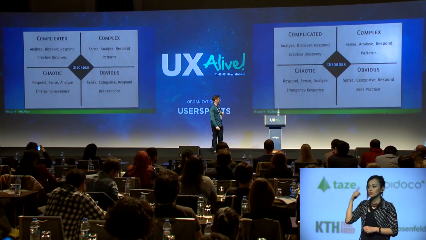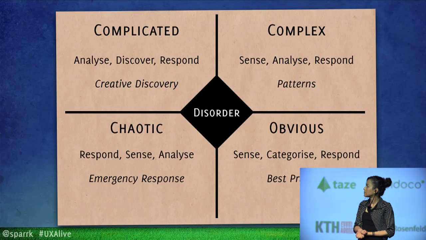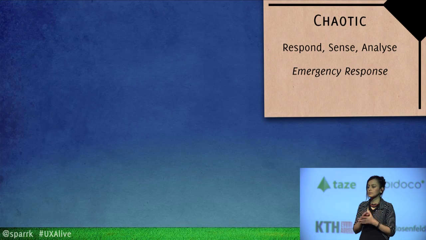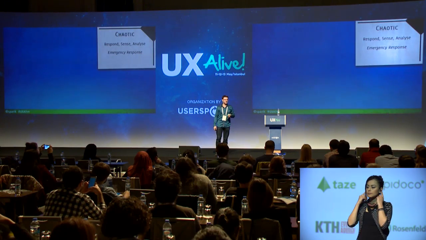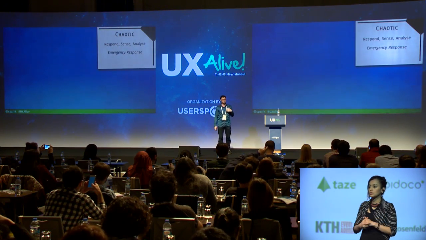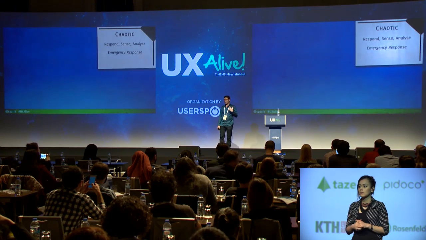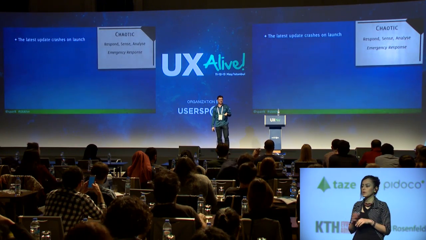So that's what the whole model looks like. Obvious, complex, complicated, chaotic. Sorry, there's the chaotic domain as well. In the chaotic domain, this is where you put the app live and the update crashes anytime a user tries to launch it, or you start getting terrible reviews through the App Store because you've made an interface change that users hate, or you have a big security issue and you're leaking user details.